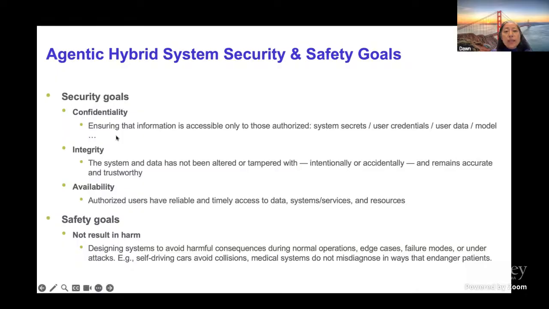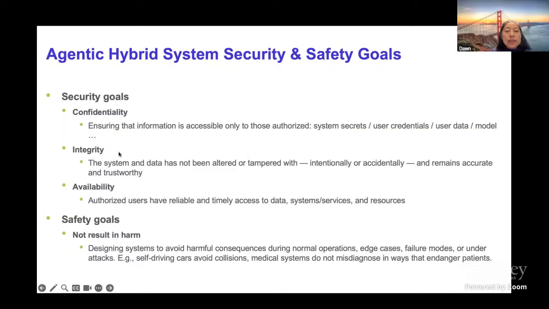So for confidentiality, it needs to ensure that information is accessible only to those authorized entities. And this includes sensitive information, which can include system secrets, user credentials, user data, the model itself, and so on.